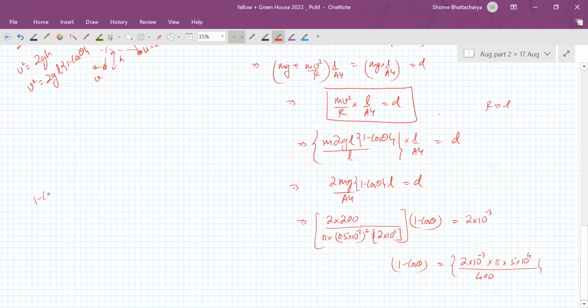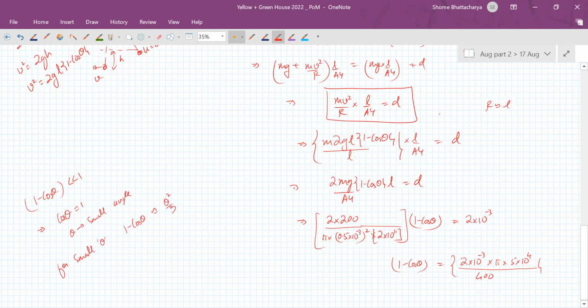So if 1 minus cos theta is a quantity which is small compared to 1, you get 1 minus cos theta as pretty small compared to 1. That means cos theta is quite close to 1. That means theta is a small angle. So for small theta, we can use the approximation that 1 minus cos theta is how much?